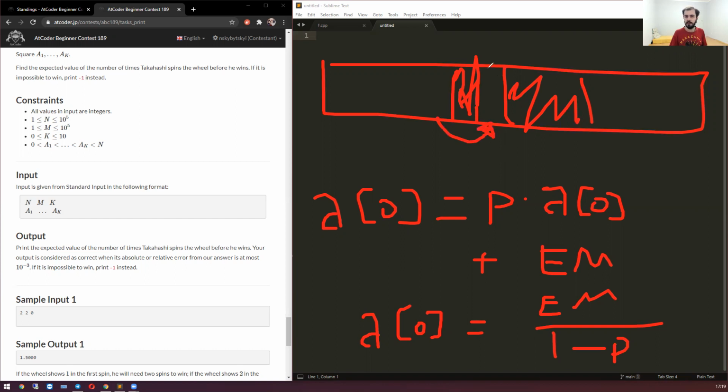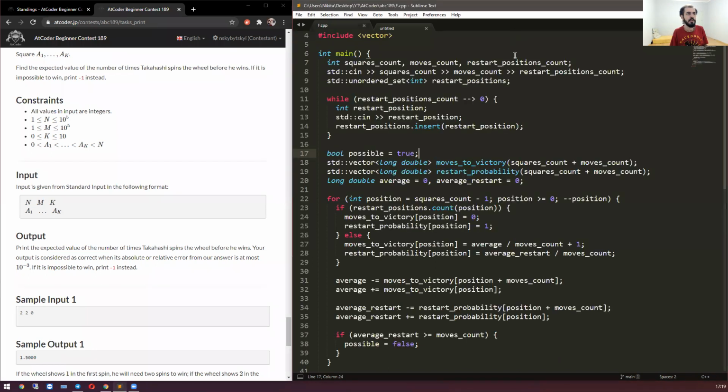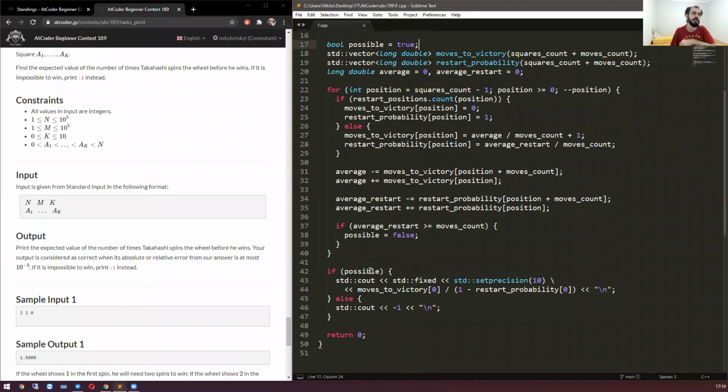But some luck means the probability of winning is non-zero and you can jump out. So if you don't have m consecutive blocked cells, then you can win, even with a huge number of moves, right? So I initially used an incorrect condition for that. I initially checked that this condition must hold all the time. It's about how many positions we restart from.